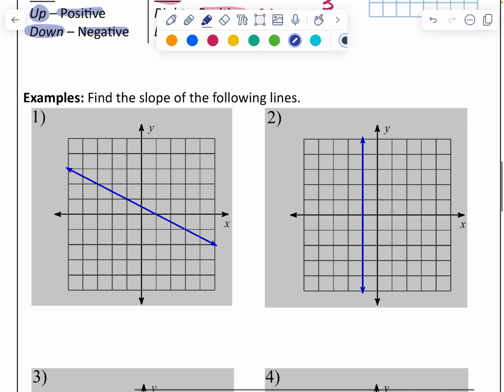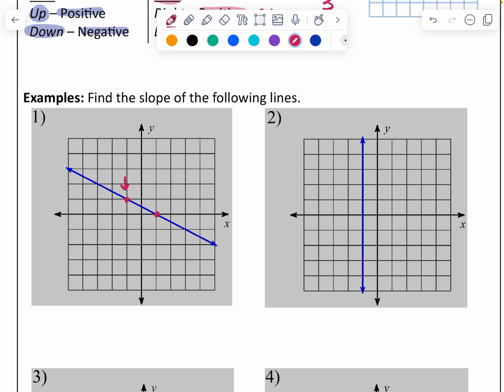Look at example 1. We're going to pick 2 points. I would say pick 2 points that are as close together as you can get where your points fall on a perfect corner of a box. So what I mean is I can see that this crosses in a perfect corner here. The next closest one would be there. So I'm going to pick those 2 points and count the rise over the run. So if I'm moving from left to right, I'm starting here.